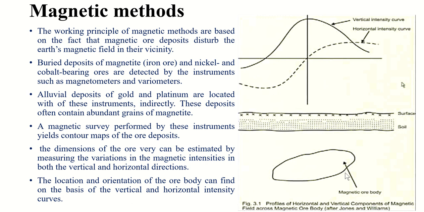Here is the magnetic ore body under the soil, and by moving on the surface, the instrument gives the signal vertically and horizontally. On this basis we can find the ore body.